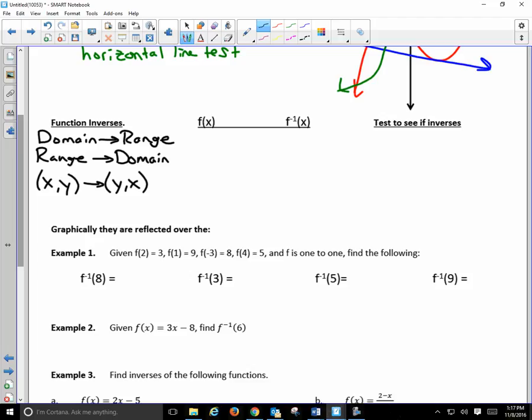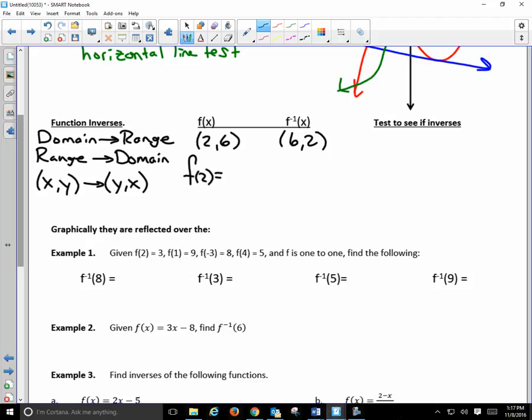So, the function, let's say you have a function of 2, 6. That's a function. It's not very interesting. It's just a point. What would the function inverse be? Be 6, 2. If I asked you what is f of 2, what would you tell me?